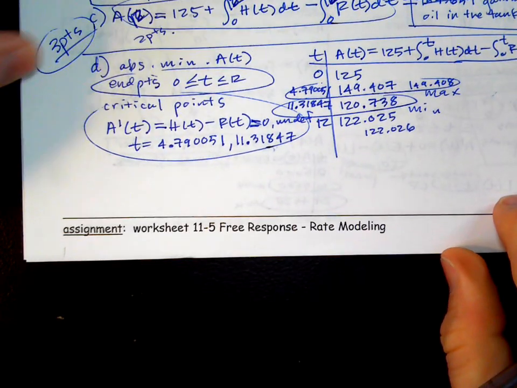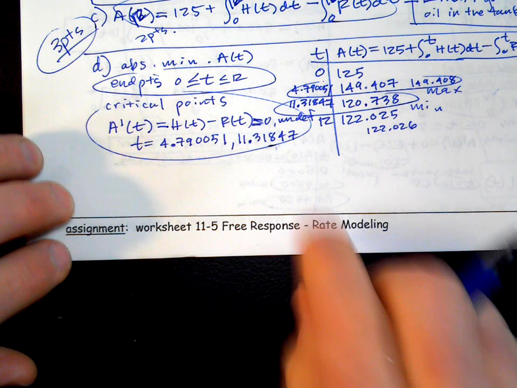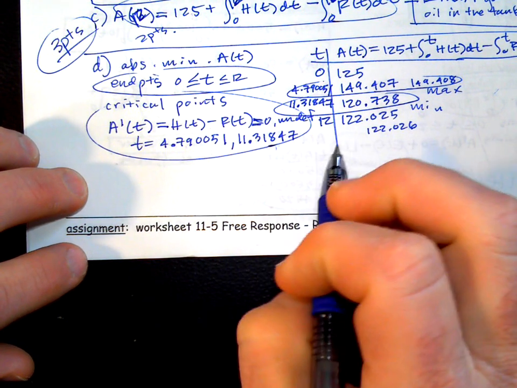So we're going to write a nice answer with units and justification. All this stuff is needed to get full credit, but our final answer also needs to be written nicely.